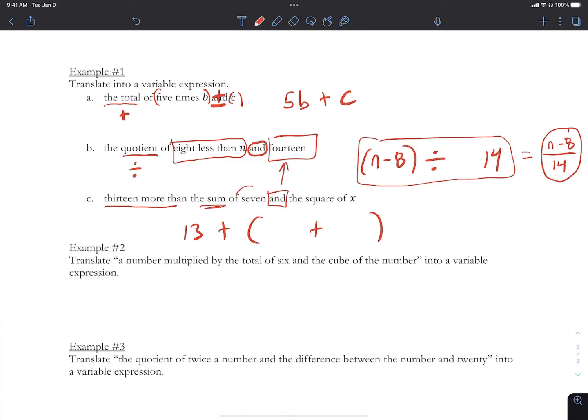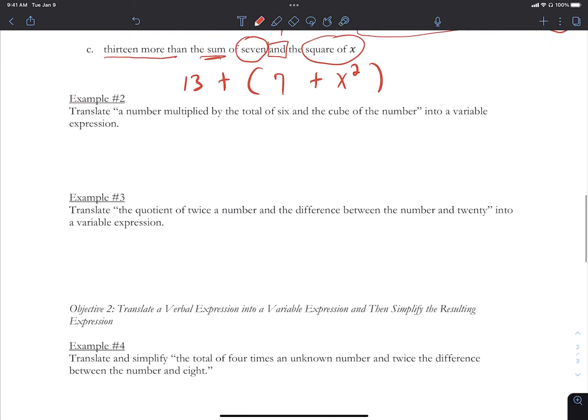The first thing I'm adding is 7. The next thing I'm adding is the square of x, which would be x squared. So we get 13 plus (7 plus x squared), and the 7 plus x squared is in parentheses.